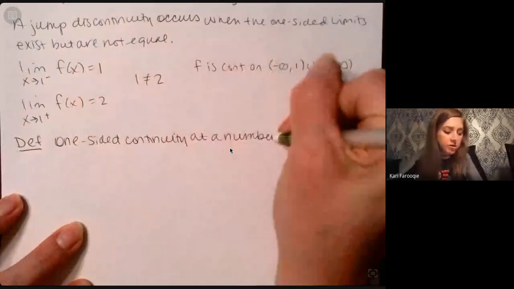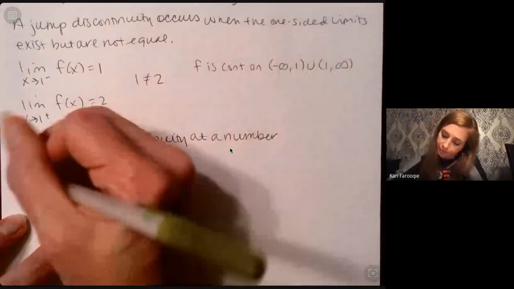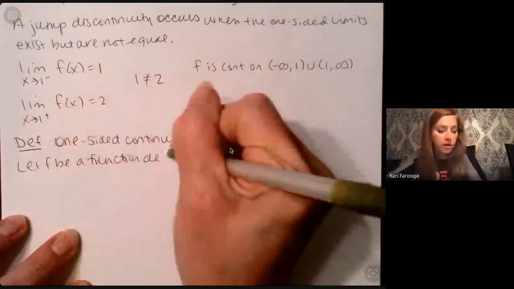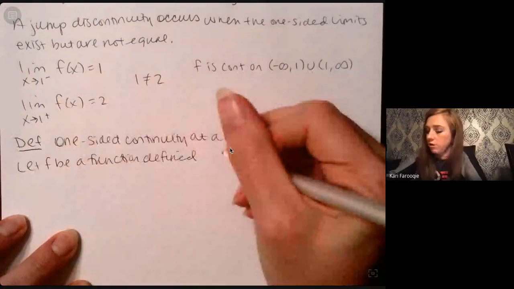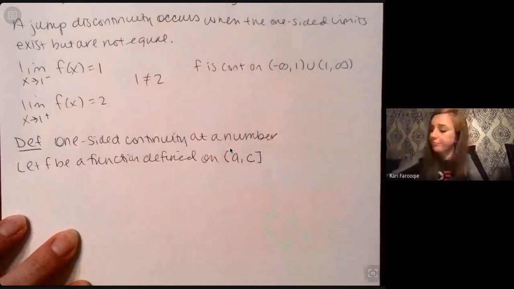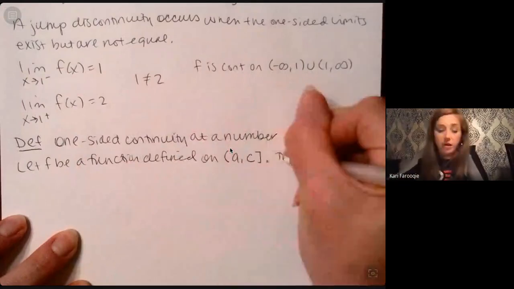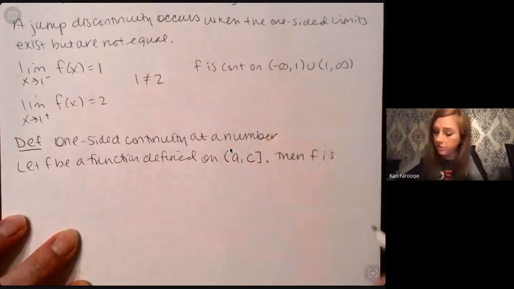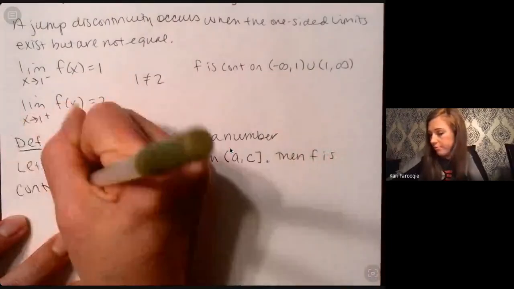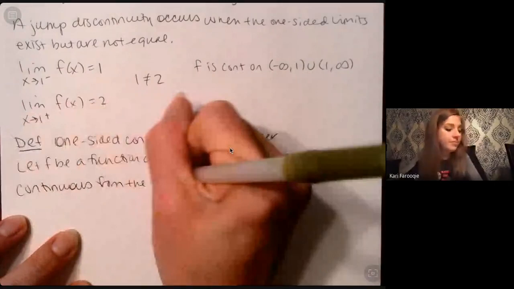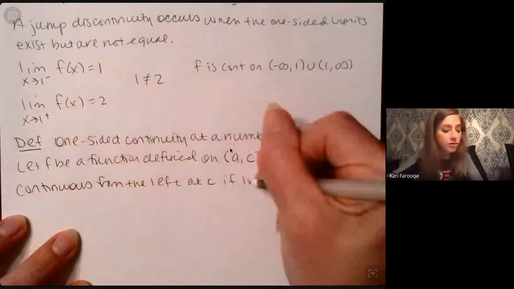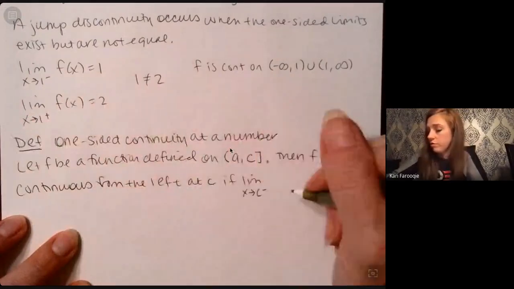Let f be a function defined on the interval from A to C. Now we're keeping this open at A and we're closing it at C. Then f is continuous from the left at C if the limit as x approaches C from the left of f of x equals f of C.